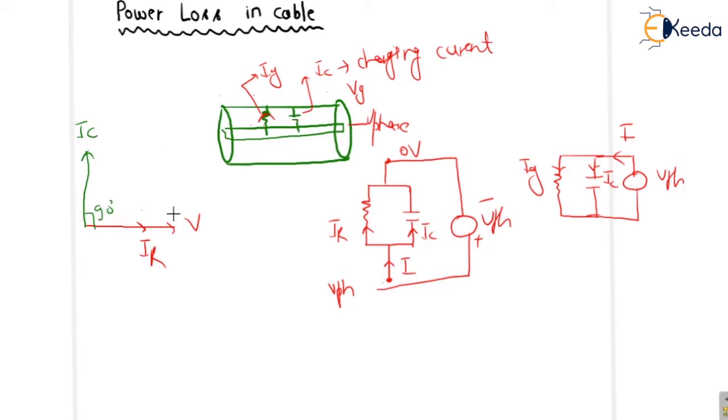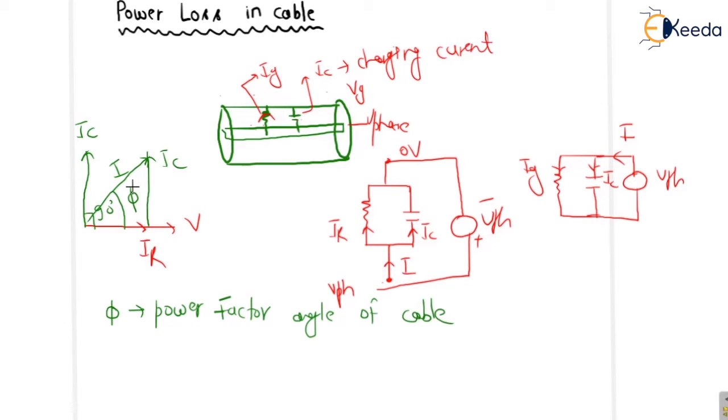So IR plus IC will give the total current I. The angle between I and V is phi. This phi is the power factor angle of the cable.